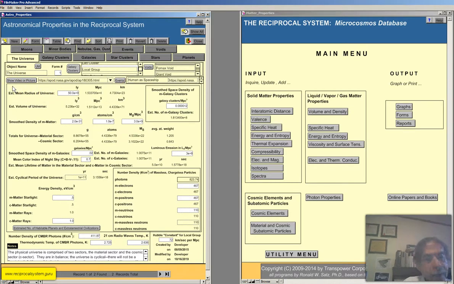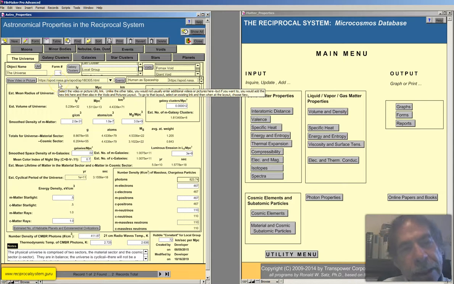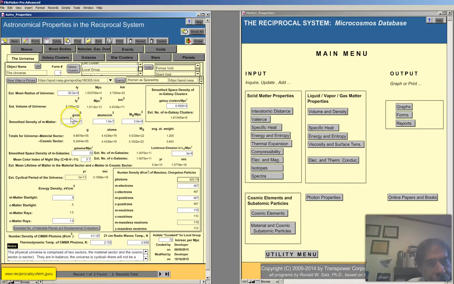Okay, so I'm going to go through each field now. Object name here is the universe. By the way, down below here, it shows you the number of records. I put in a second record just to show that it's okay. The form number: if you duplicate a record by clicking Control D, that'll duplicate the record, but then you should change the form number.